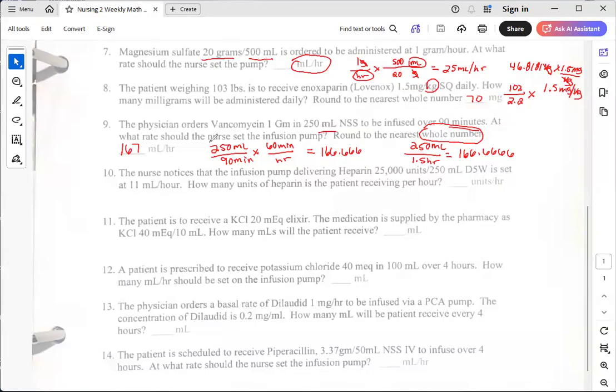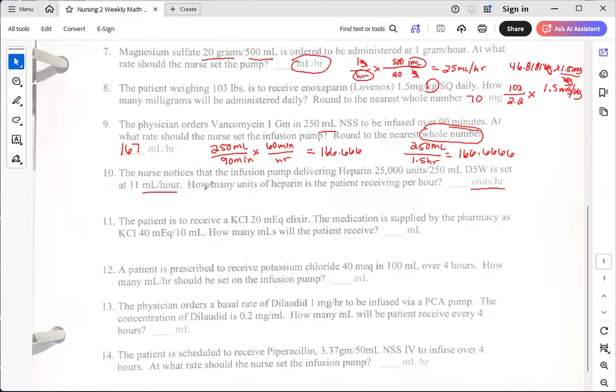All right. Question 10. The nurse notices that the infusion pump delivering heparin, 25,000 units in 250 ml dextrose 5% water, is set at 11 mil per hour. How many units of heparin is the patient receiving per hour? So this is a question asking you to convert ml per hour, the current rate, to units per hour.